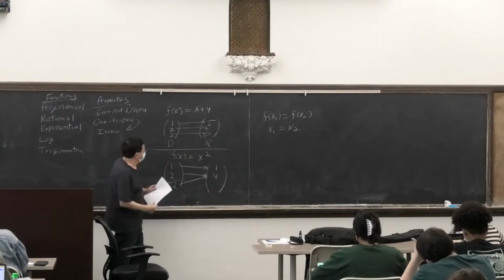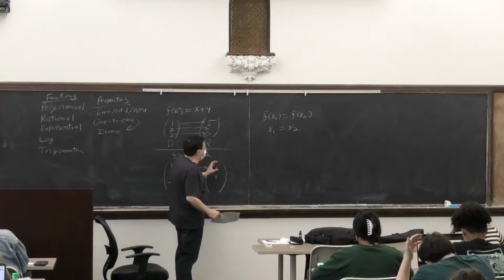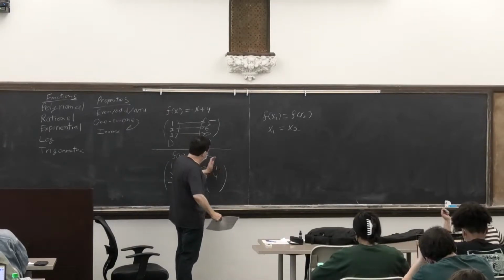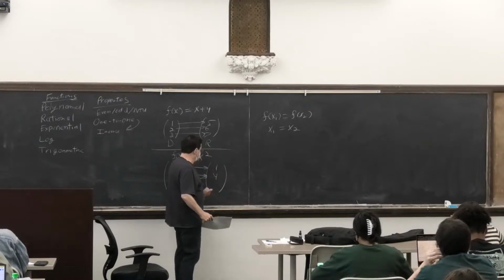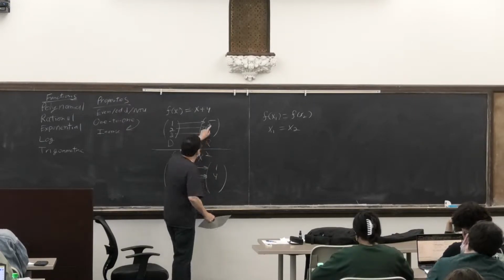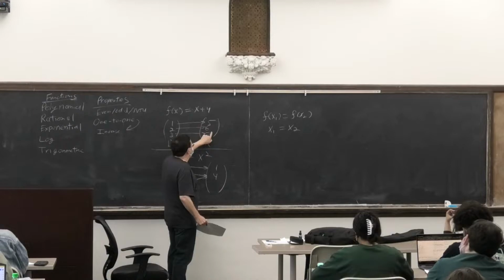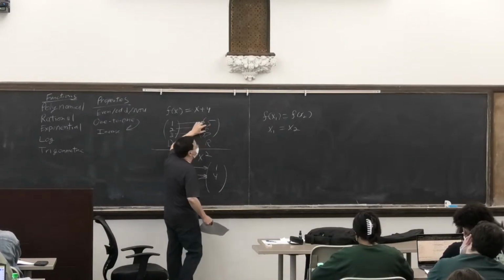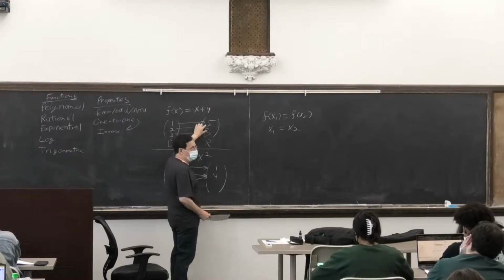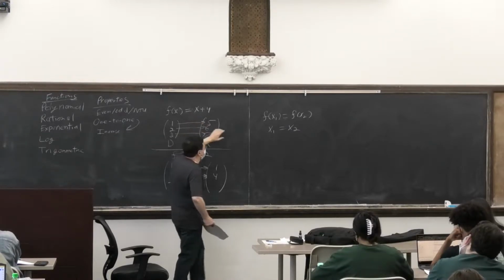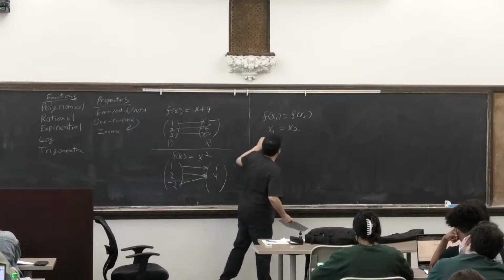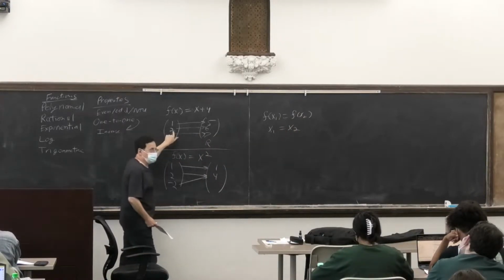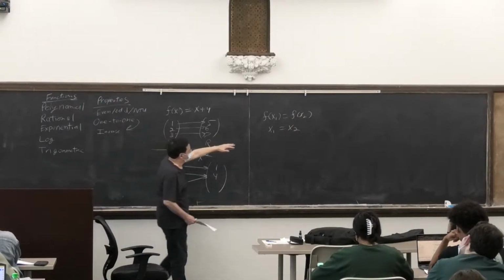We have to think this through. If we have two elements over here, well, we have 6 and 6, that we got here by some x. It has to be the same x that brought us there. That's what this is stating.